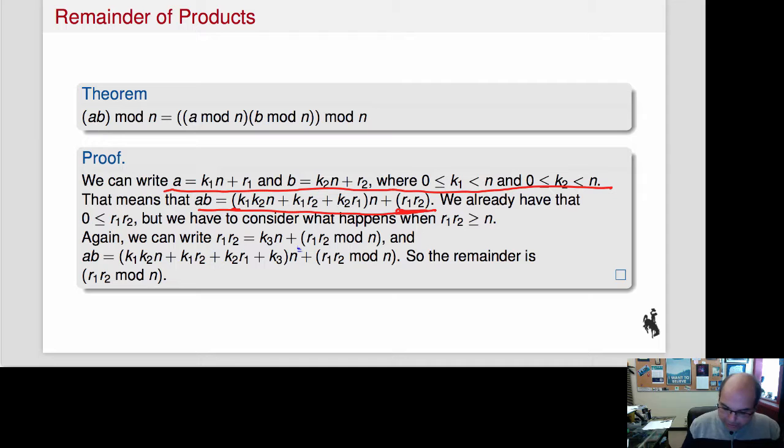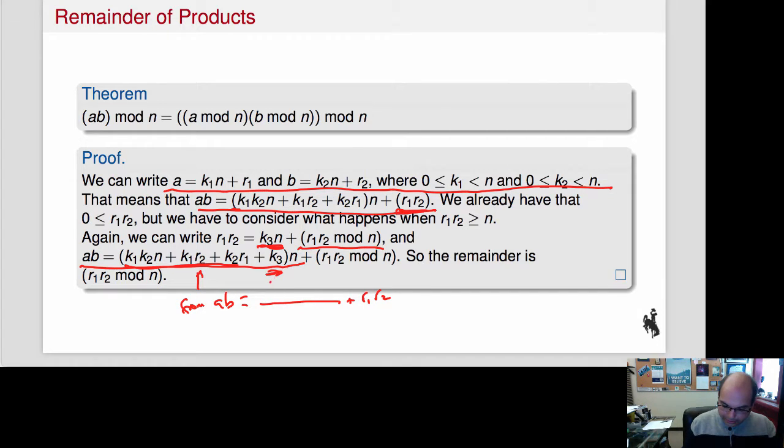But it could be too big, so we'll try to rewrite things a little bit, because r1 r2 is some k3 times n plus the remainder of that mod n. That's just the quotient remainder theorem. And so the whole expression now becomes this. This part is what we had before, this comes from AB equals, plus r1 r2, okay?